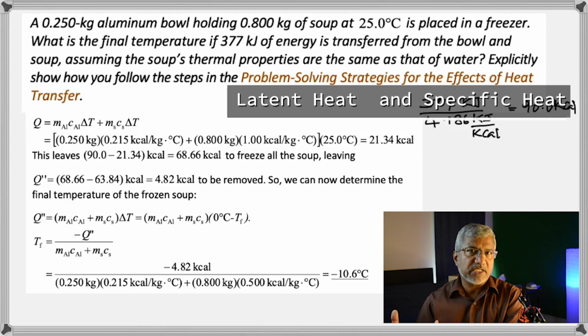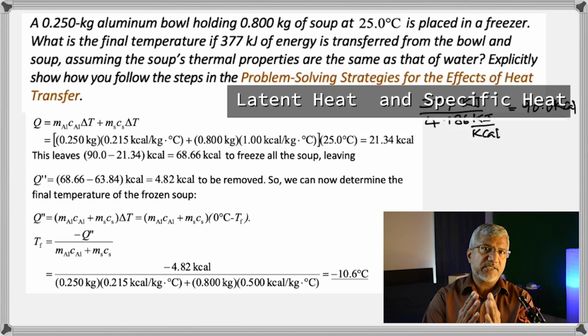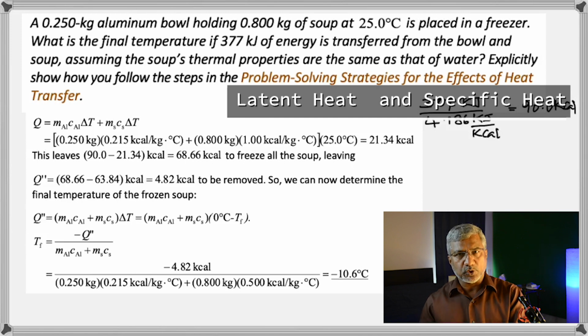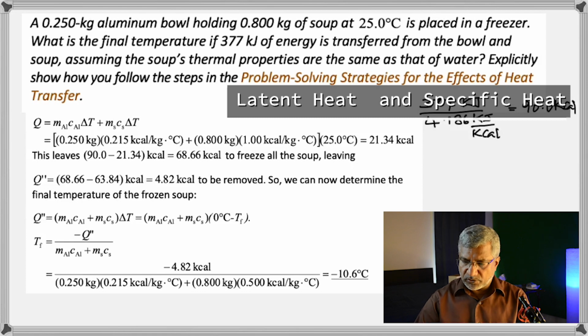That much is already gone when the soup cools from 25 to 0. So listen carefully here. Before you freeze it, you have to change its temperature from 25 to 0, right? So this is the amount of heat required to cool the soup and the aluminum from 25 to 0. Okay. So that is the heat required. So that leaves us with 90 kilocalories that was given.